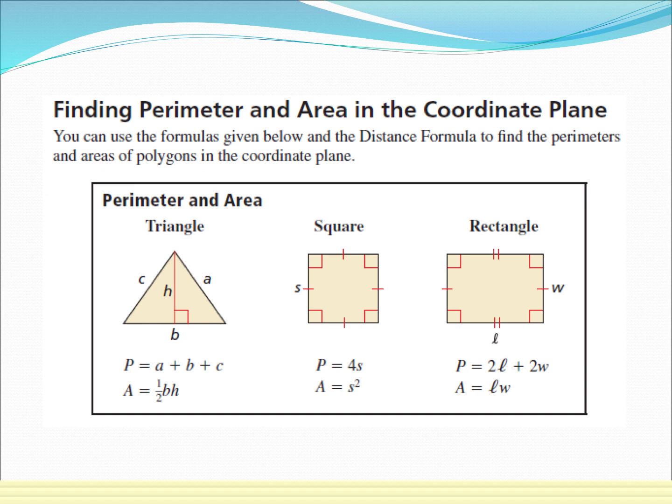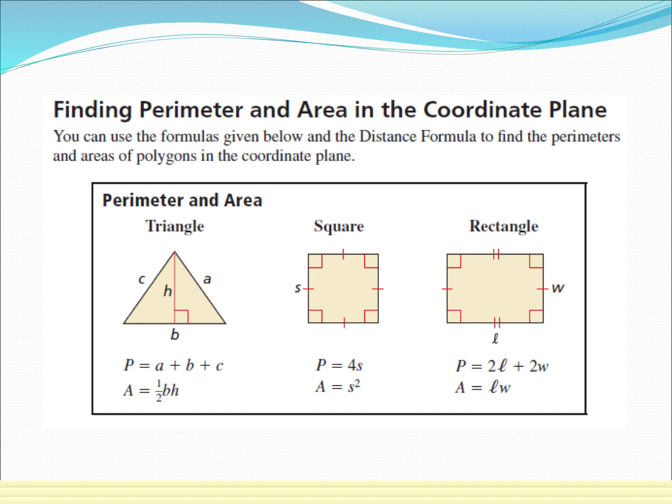So for a triangle, you would find the length of each one of the 3 sides and add them. For a square, all 4 sides in a square are the same, so you could just find the length of one and then times it by 4, and then that would give you the perimeter. Or just add them all up individually.